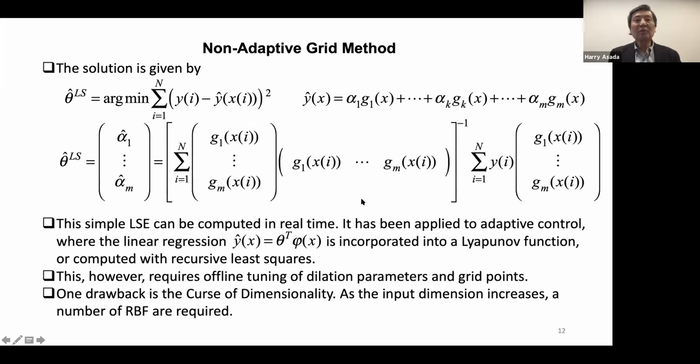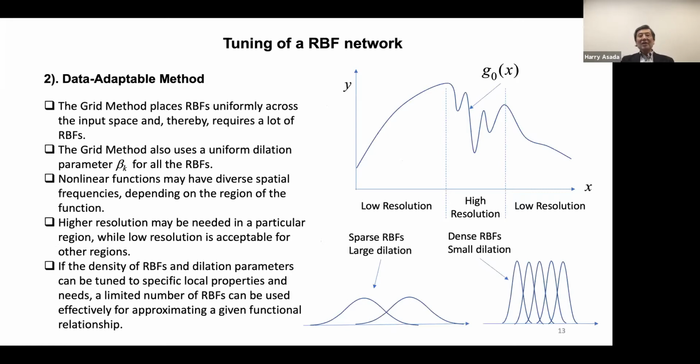Back to grid, we don't use the grid. Instead, we allocate radial basis functions more effectively where needed. So this is called the data adaptable method.